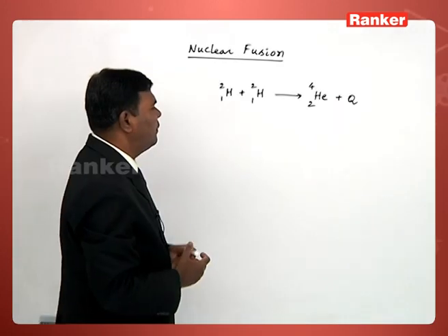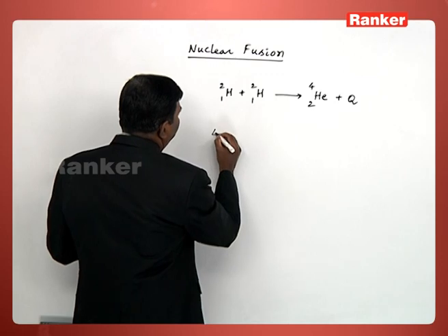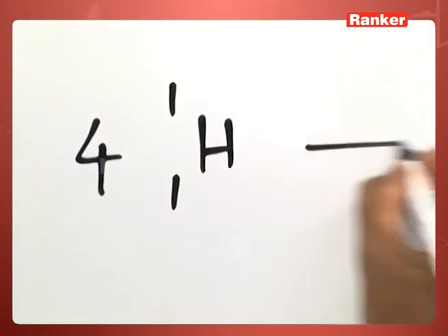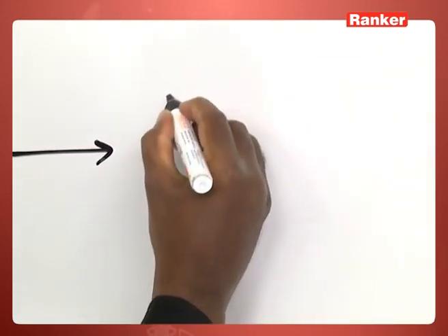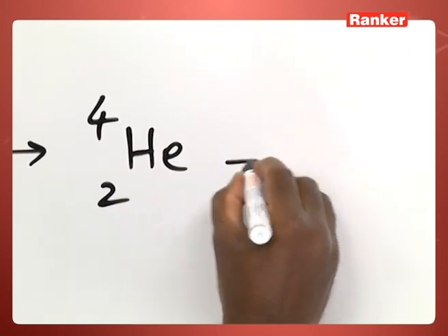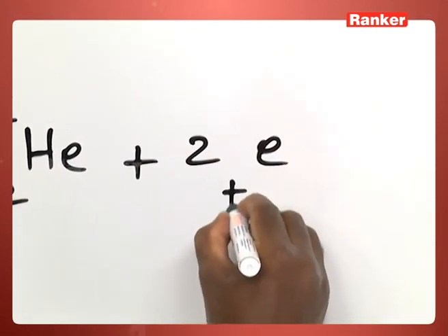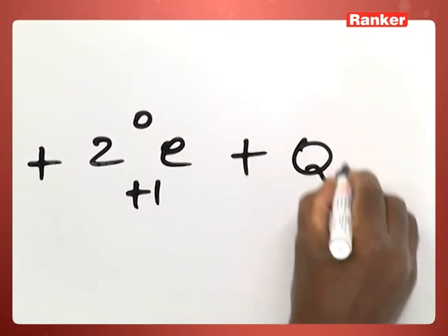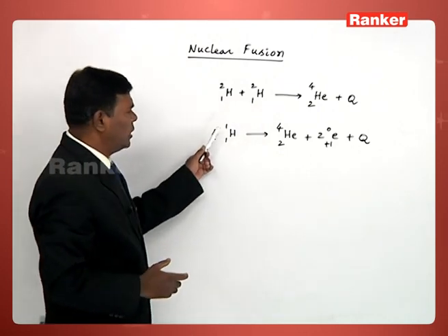That is nuclear fusion. In another mechanism, 4 protons may be combined together to form a helium nucleus, and in the process 2 positrons are also emitted, with the release of an amount of energy. Here this is a proton.